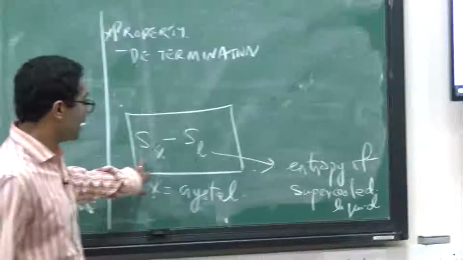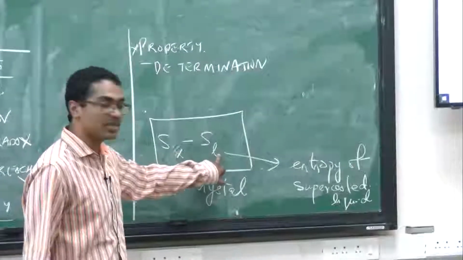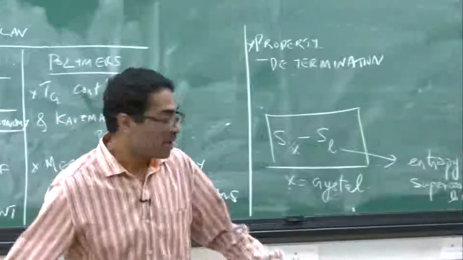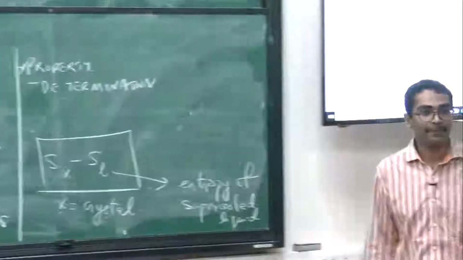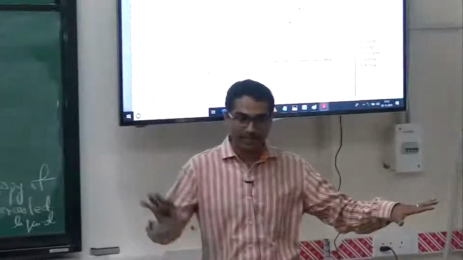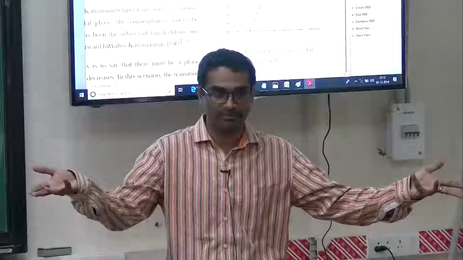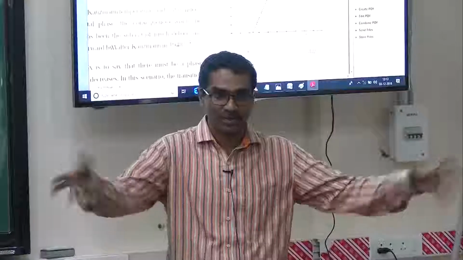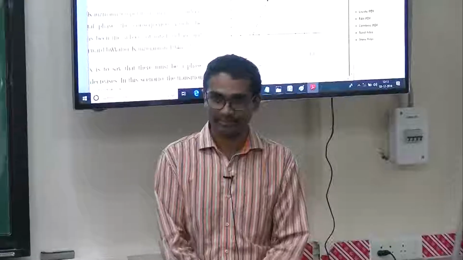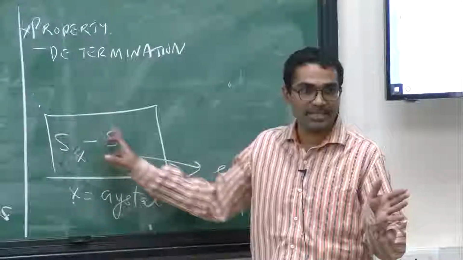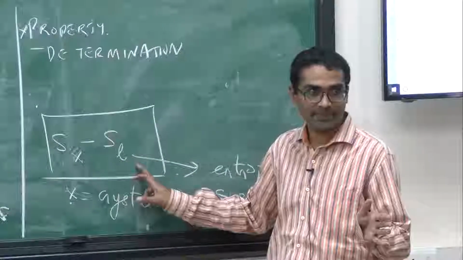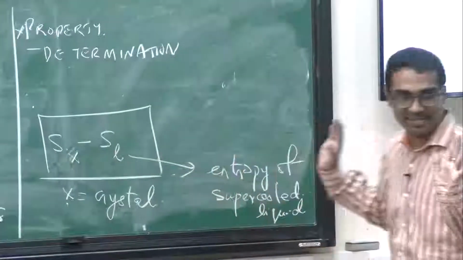Now, entropy associated with the crystal, entropy associated with the supercooled liquid. What do you think would be the sign of this, Sx minus Sl? Crystal minus the liquid. Negative. It has to be negative, because the crystal is a much more ordered state when compared to this liquid. Correct? That much makes sense, right?